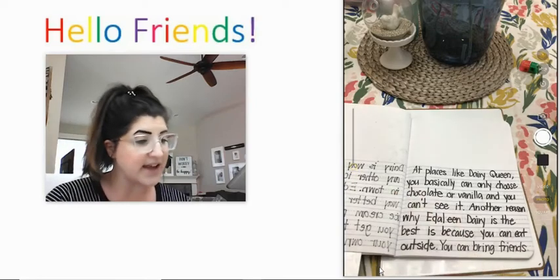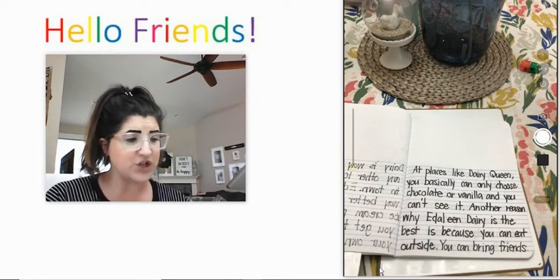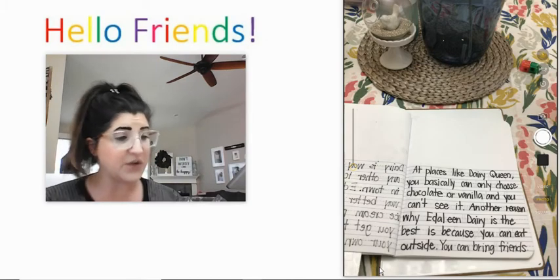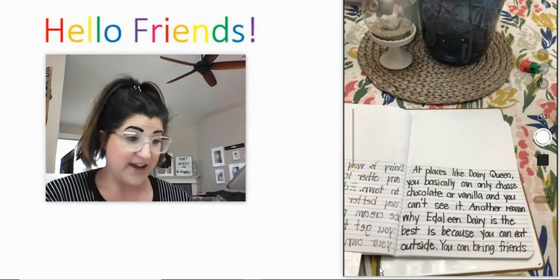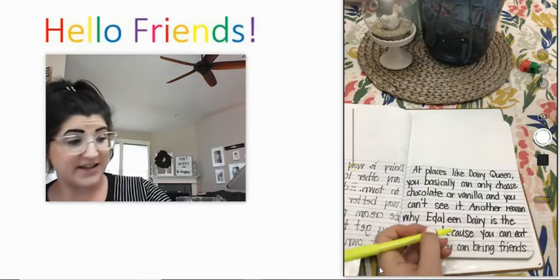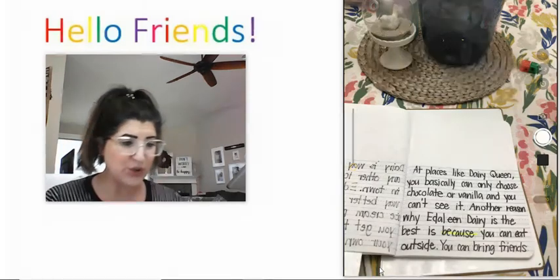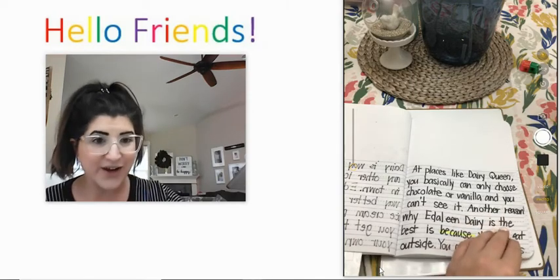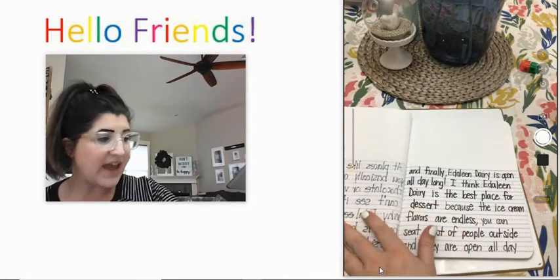Well, I've got one in there. At places like Edaline Dairy, you basically can only choose chocolate or vanilla, and you can't see it. Another reason why Edaline Dairy is the best is because you can eat outside. You can bring friends and family.